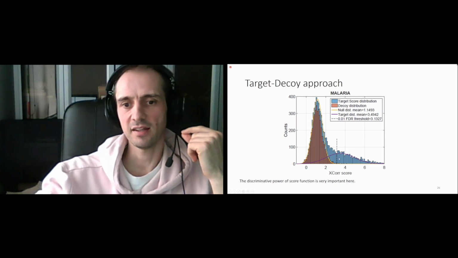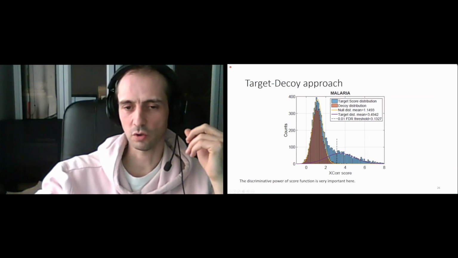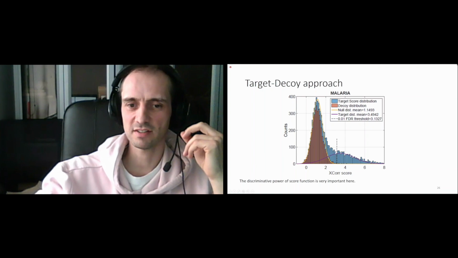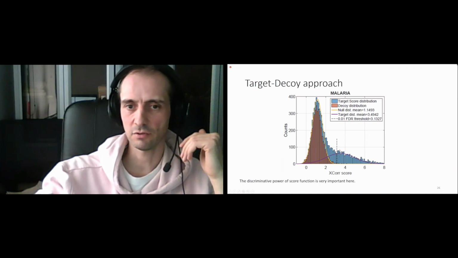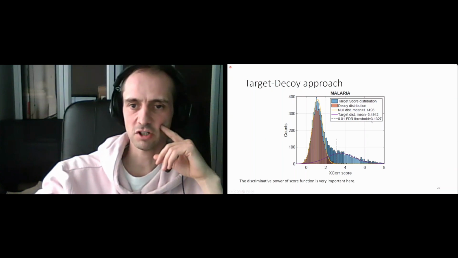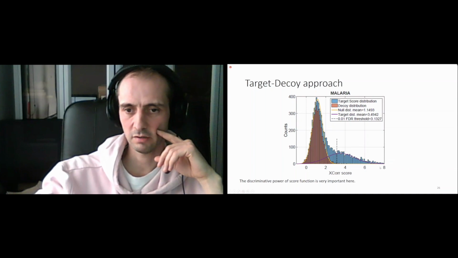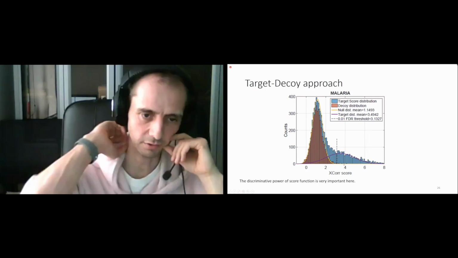We also have several spectrum annotations here with more significant scores. So now the question is where can we put this threshold so that the false discovery rate in this region is, let's say, 1%. In this very example, the threshold should be around 3.1327. Then the false discovery rate here would be 1%.